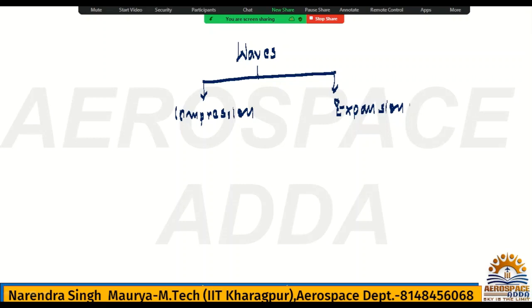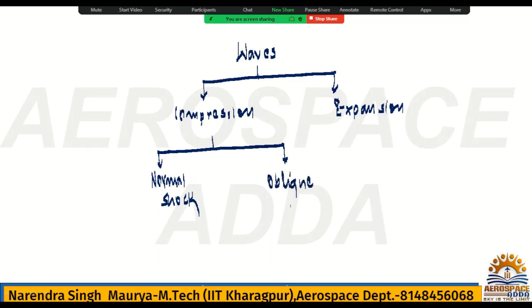This compression will have again two types called normal shock and oblique shock. And this expansion wave is still called an expansion fan.